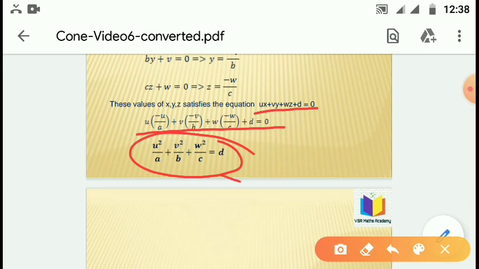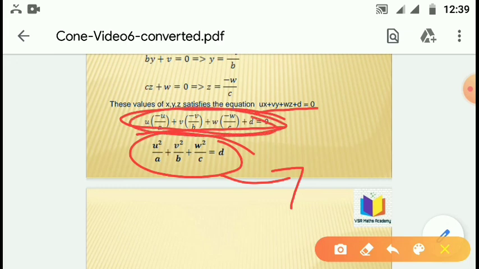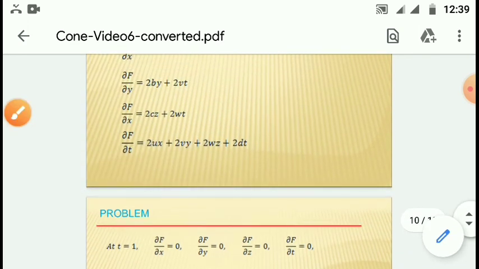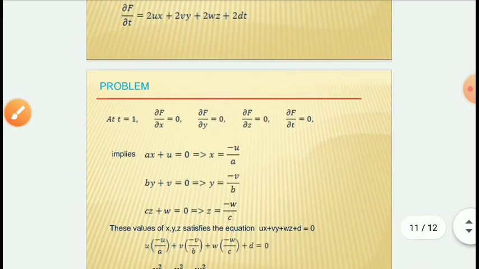So whenever this condition is satisfied, obviously this will become 0, and that means the values obtained by the first 3 equations also satisfy the 4th equation. That means the 4th equation is satisfied by the values obtained by the first 3 equations.